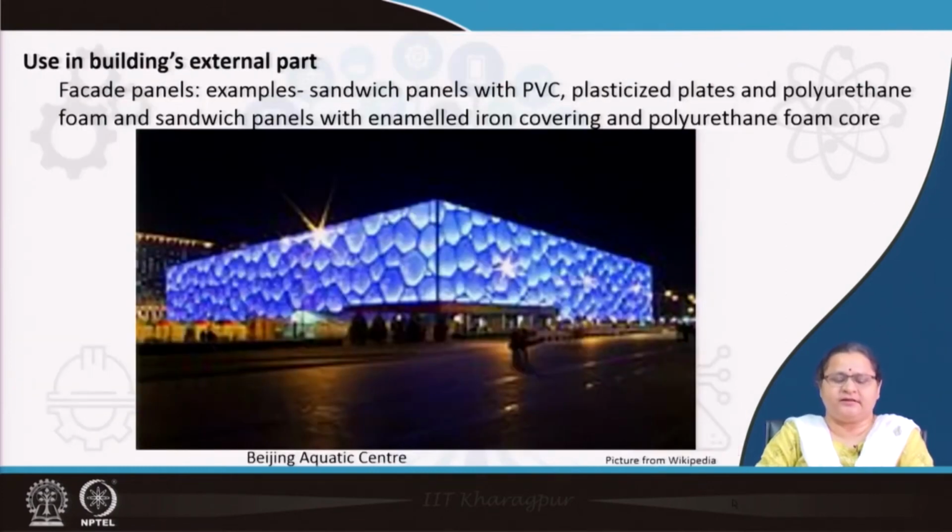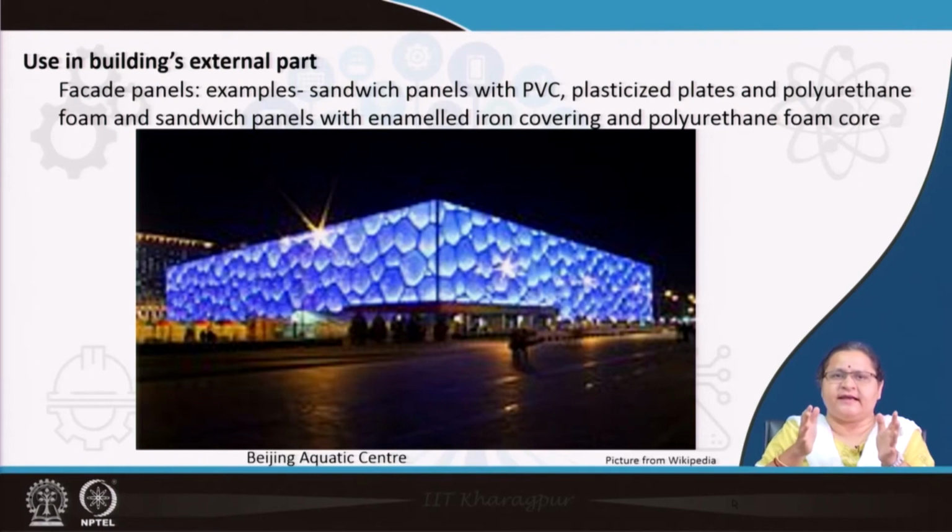Here you see another building which is an aquatic center, Beijing Aquatic Center. Because it is an aquatic center, it is looking like water bubbles forming the facade. It is not taking any structural load, but the material is such that it is giving that feel that it is a bubble or bubbly kind of thing.